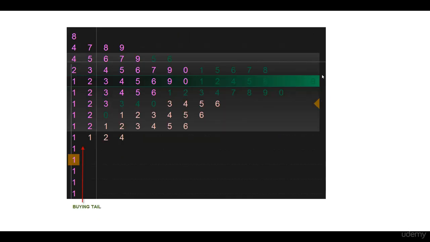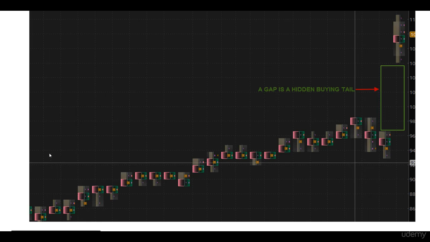I also discussed a buying tail, and the converse is a selling tail. These are called single prints. If a single print is there, then it's a buying tail. Now, sometimes what happens is this was the previous day's price, and the next day for some reason the stock shot up.